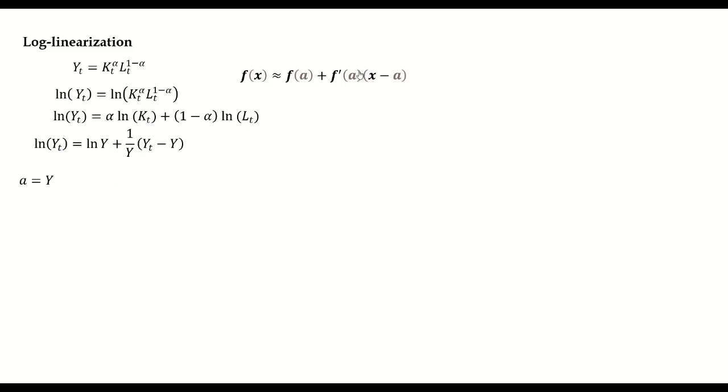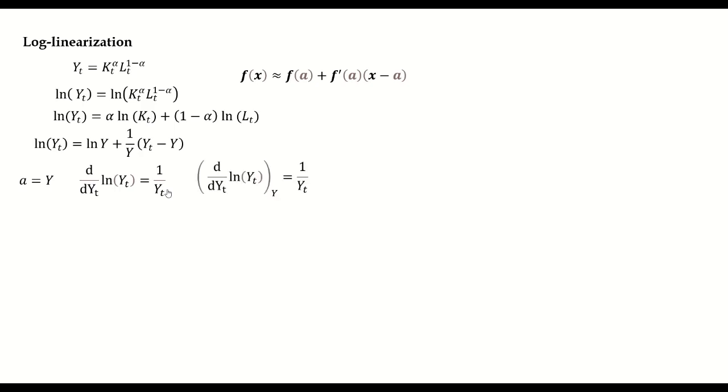Next, we have to find the first differential of that function. The first differential of log of yt would be 1 over yt. Now we have to evaluate it at its steady state, which is yt equal to y.